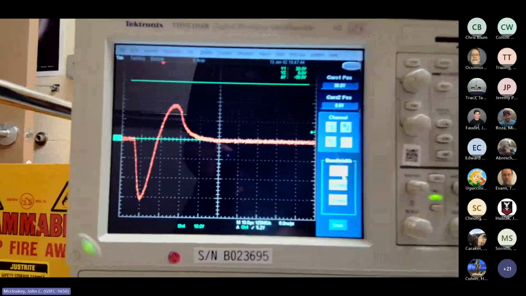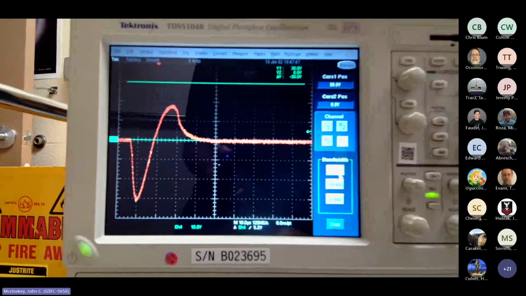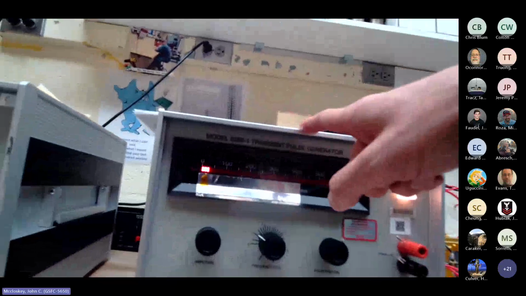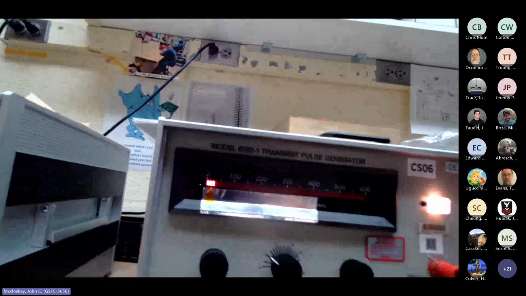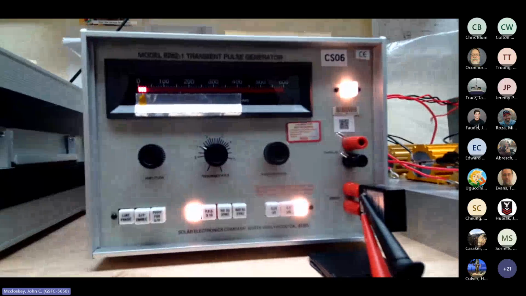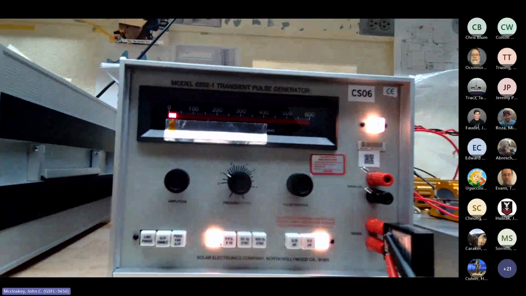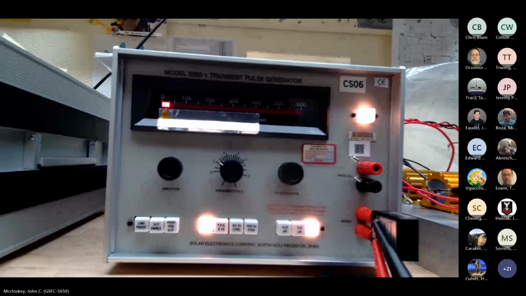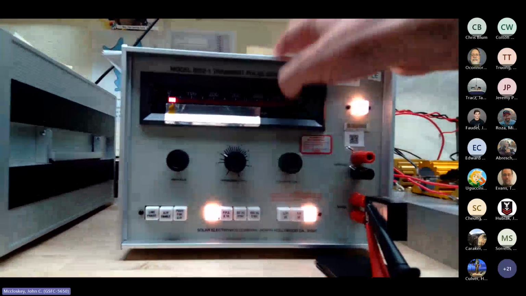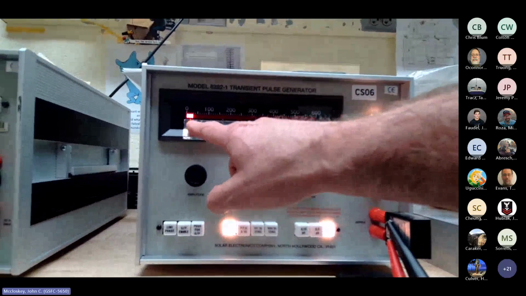Then we hook up to the EUT, and here's another important point: you do the pre-calibration, and then you want to inject the same level into the EUT. Well, it's kind of crude how we do that now because of the nature of the equipment, but here's the display.